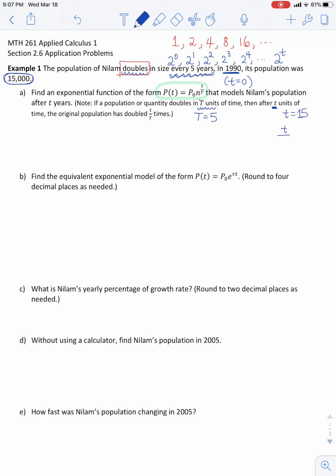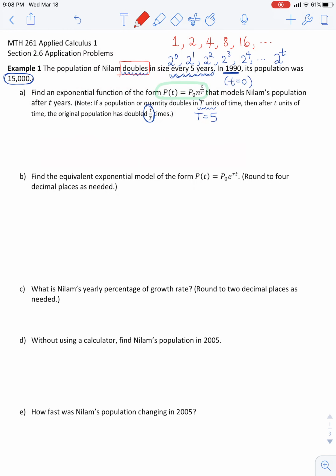That's going to be little t over big T, so 15 over 5. So our population would have doubled 3 times in 15 years. That's where this little t over big T came from.